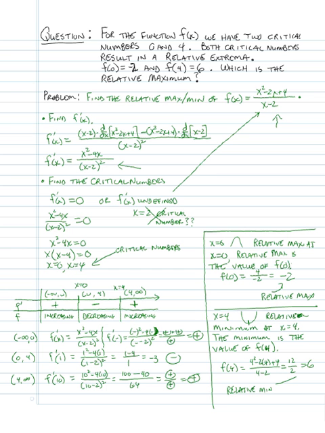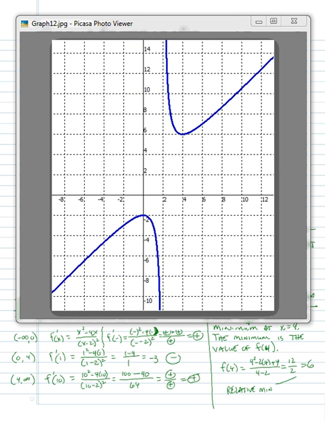We can only tell by whether the graph is changing from increasing to decreasing or decreasing to increasing. Relative maximums or minimums are about the behavior of the graph, not actually the lowest or highest place on the graph. So let's look at the corresponding graph to this before we go on to our last problem.